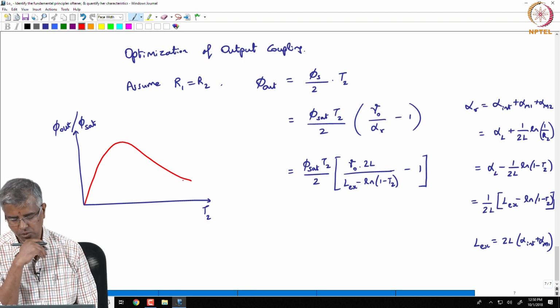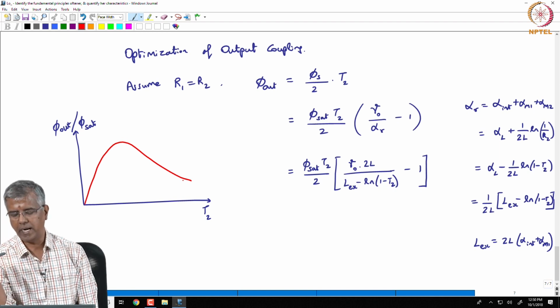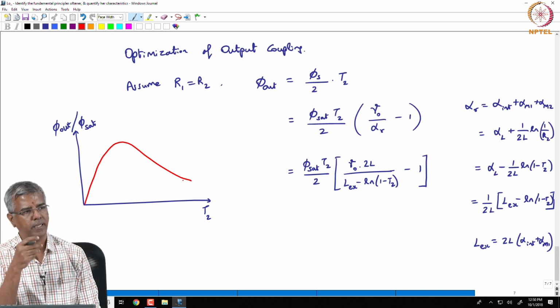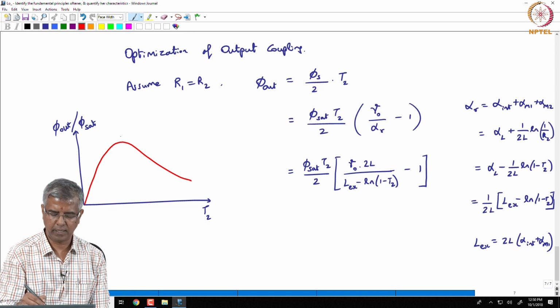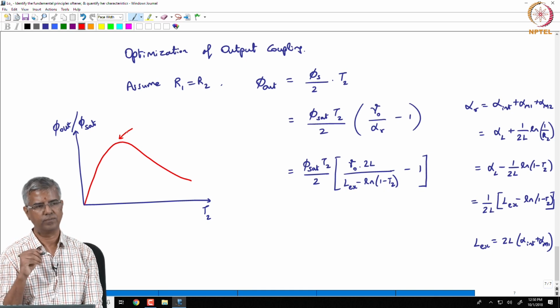But as you increase T2 further, you start having the denominator come into the picture. So, then that will end up reducing phi out. Okay. So, we are looking at what is this optimum value? What can you say about this point?